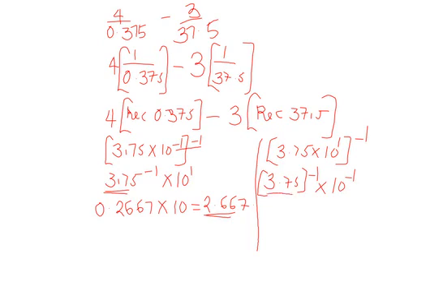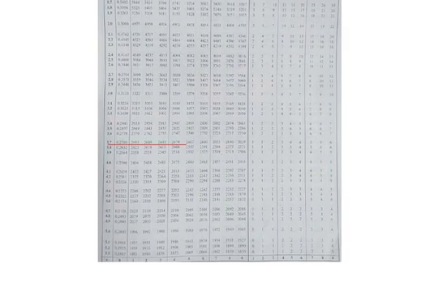So we have our table here. Again we go to the row labeled 3.7 and we move to the column labeled 5. This is 2667, and it should be written as 0.2667 because the first number is 0.